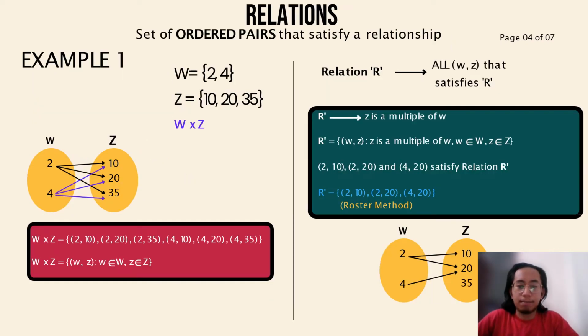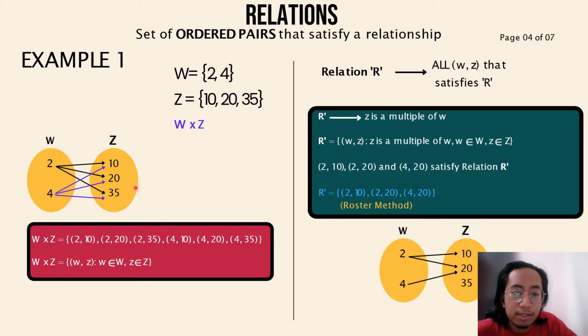Moving on to the example. So I wrote this: relations, a set of ordered pairs that satisfy a relationship. Let's understand this using an example of two sets. We have two sets W and Z, where set W has 2 elements and set Z has 3 elements. So in set W, we have 2 and 4, whereas in set Z, we have 10, 20, and 35. So we first take the Cartesian product of the two sets.